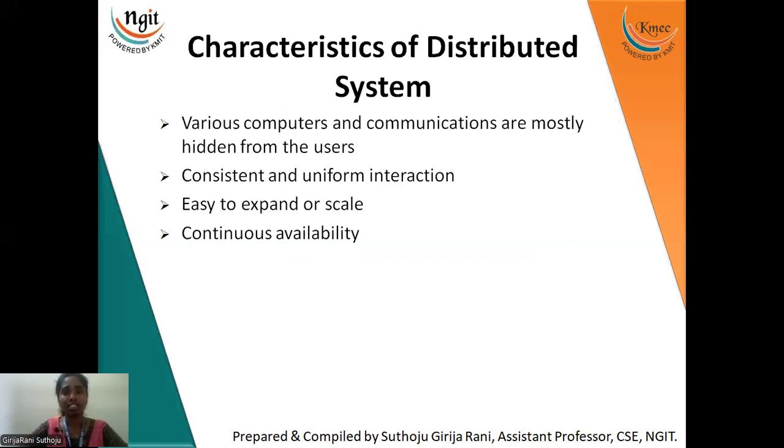Now, coming to the characteristics of distributed systems, according to the given textbook by Tanenbaum, there are four. The first characteristic is that when we are working in distributed systems, we have to hide the n number of communications and system devices from the users, right?